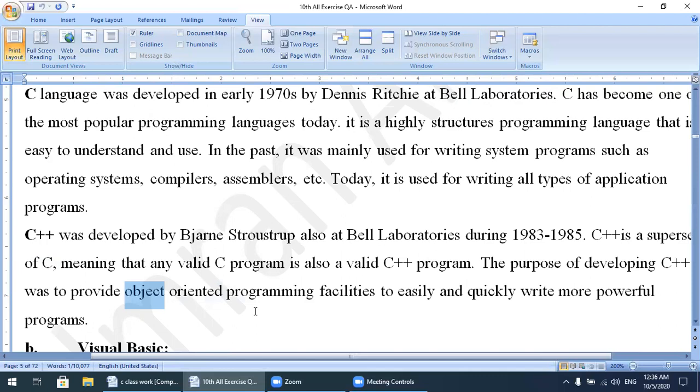This is my function. I can teach C++ or Visual Basic or C language. So when we deal with real world problems, we can use the C++ language as well. This is known as object-oriented programming, to easily and quickly write more powerful programs.